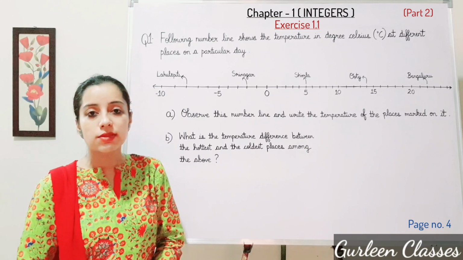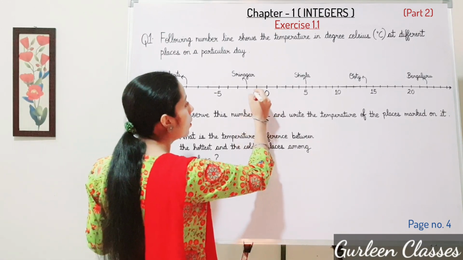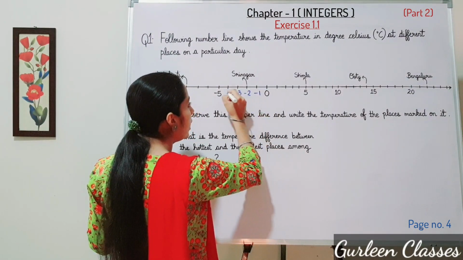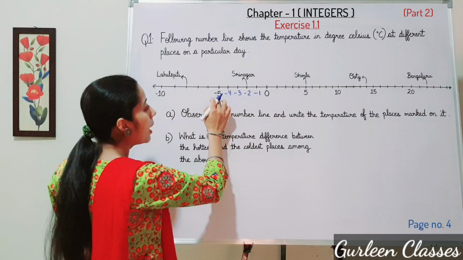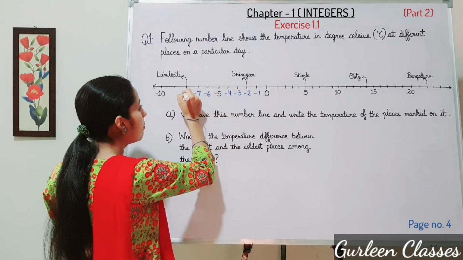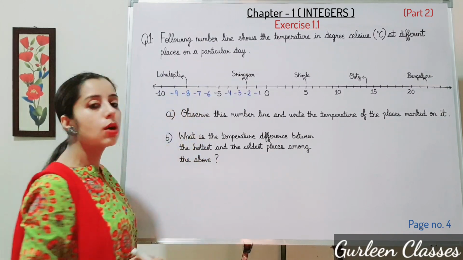So first let us write the negative integers. We know that left of 0 is -1, -2, -3, -4. -5 is already written, -6, -7, -8, -9 and -10 is already written.